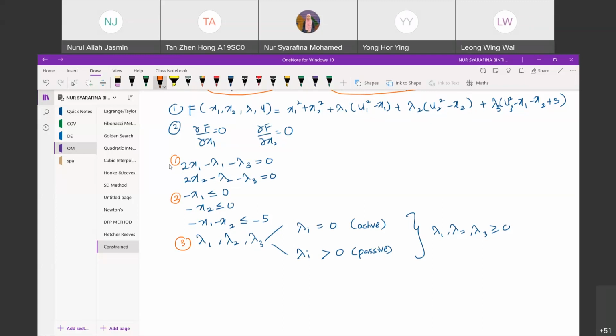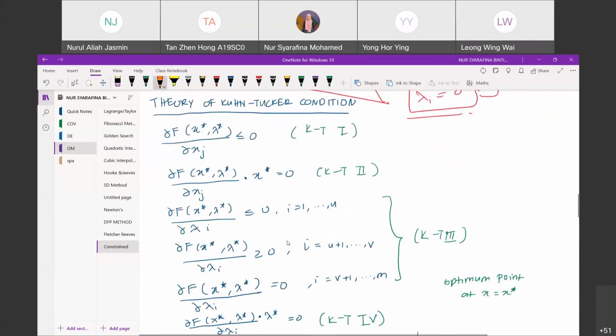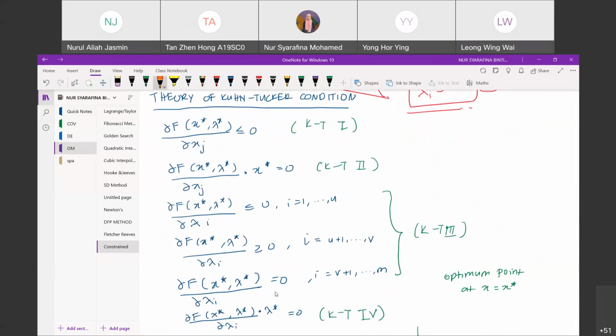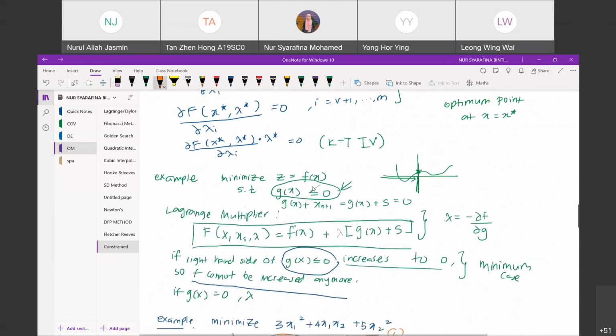You have to find del f del xi equals to 0, so if you have two variables of x, then you have two equations. Then consider all the constraints of less than or equal to, make it standardized, and consider the variable of lambda, which can be active or passive. This condition comes from the theory of Kuhn-Tucker condition. What if lambda is greater than 0? What if lambda is less than 0? This theory of Kuhn-Tucker condition is summarized here.